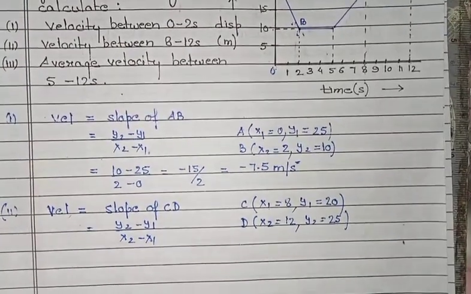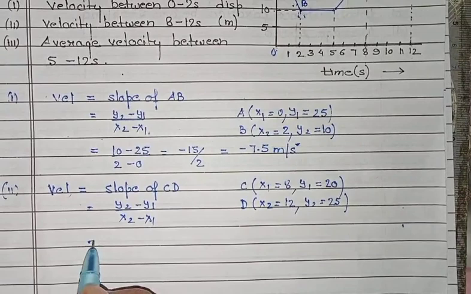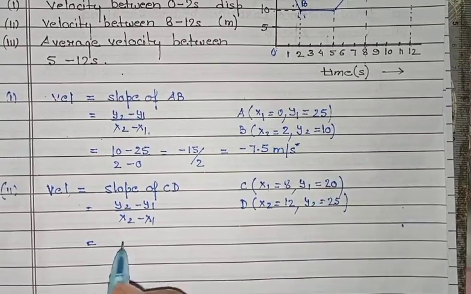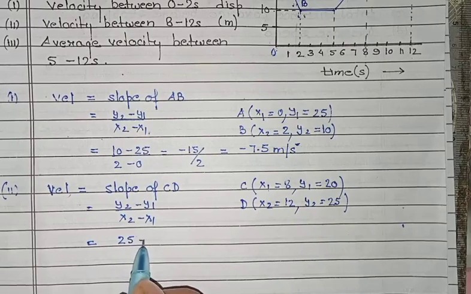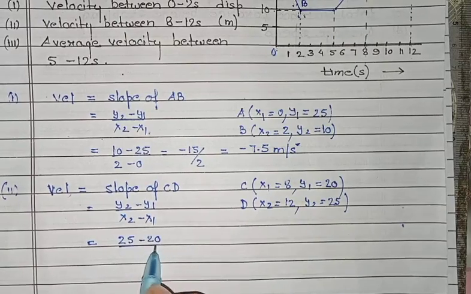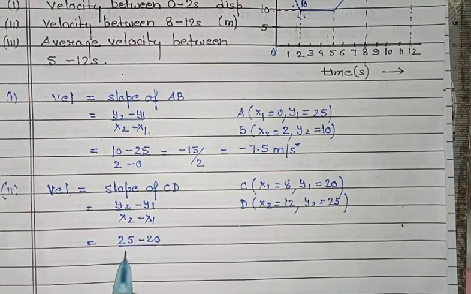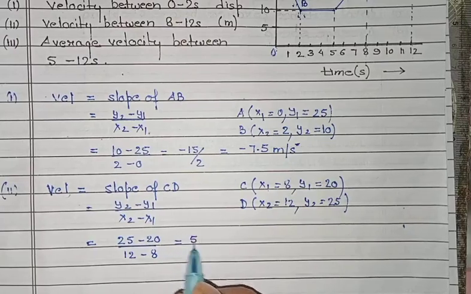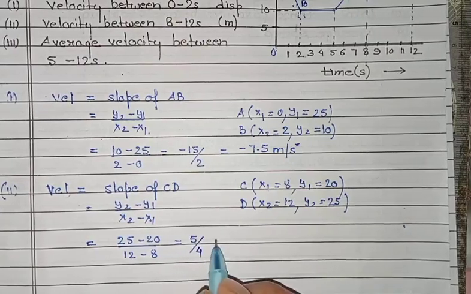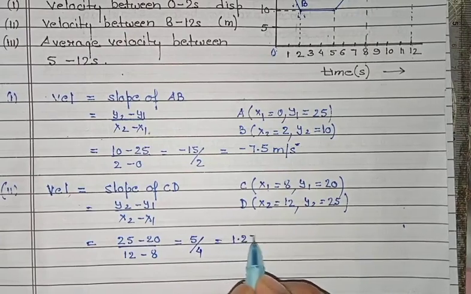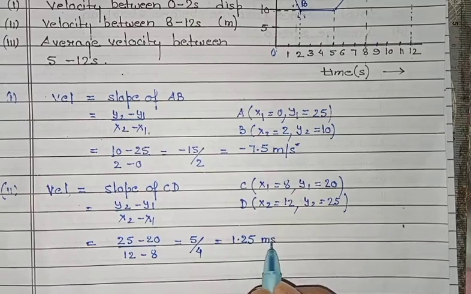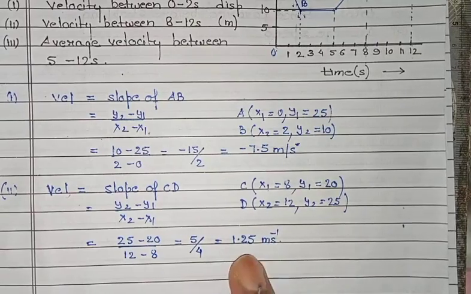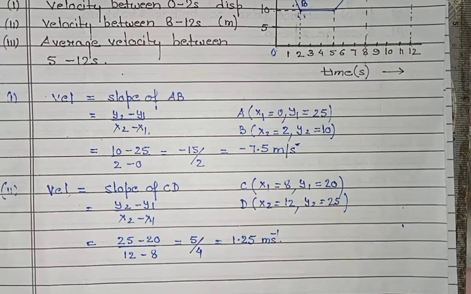Substituting these values, it's y2 minus y1, 25 minus 20 upon x2 minus x1, it's 12 minus 8, so that's 5 upon 4, so you get 1.25 meter per second. Now here we are getting the velocity positive, so that means the body is moving away from the initial point.